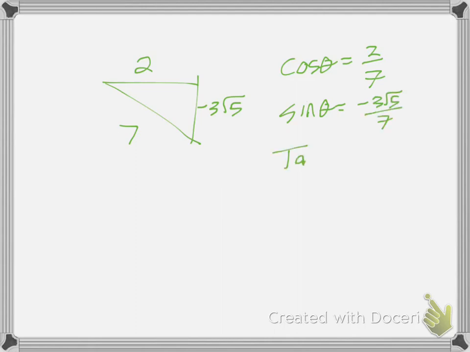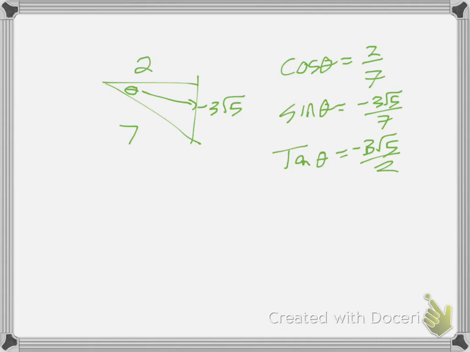Tangent is, what is it, negative 3 square roots of 5 over 2? Opposite over adjacent is relative to where the angle is, so opposite over adjacent, sitting next door to it.